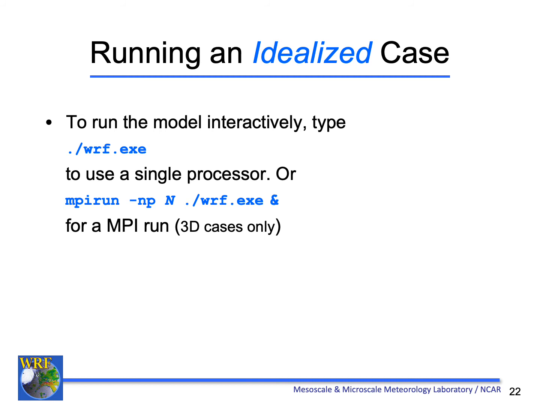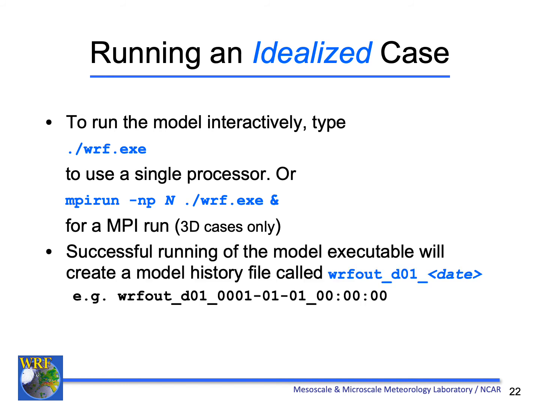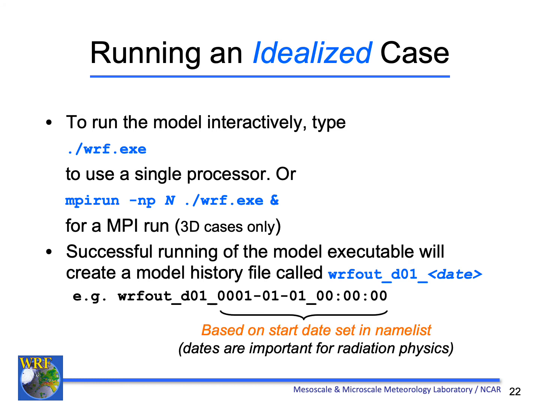The model output file from many of the idealized cases is still wrfout, but they don't have a real date in the file name. This is because an idealized case doesn't require a real date, and the start time in the namelist file is often set to year 1, month 1, and so on, as reflected in the file name.